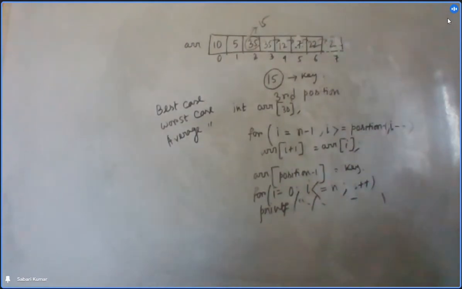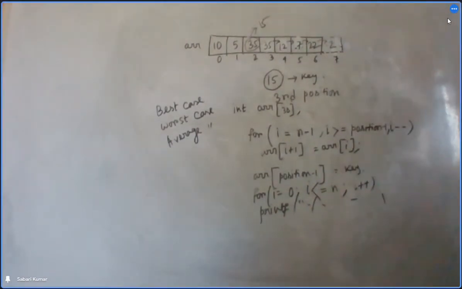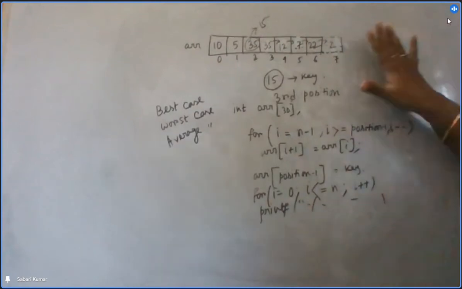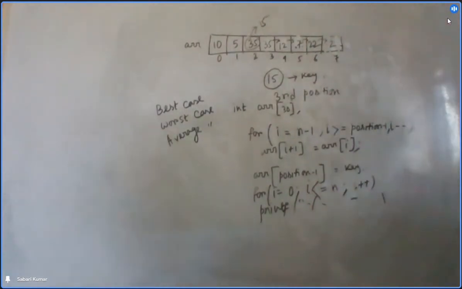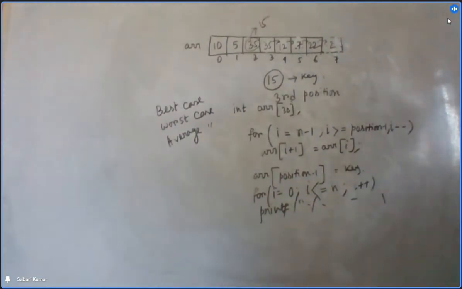When we insert at the last, right? So when we are going to insert the element at last, how many shifts will be required if the position value is equal to n minus 1? No shifting.